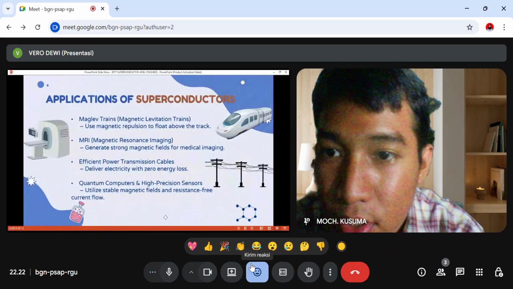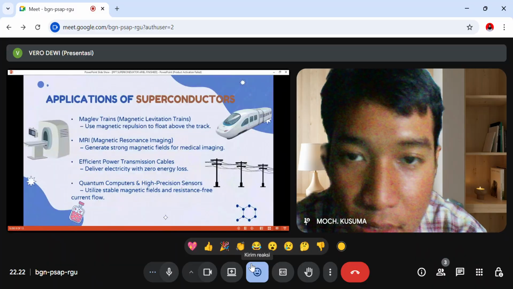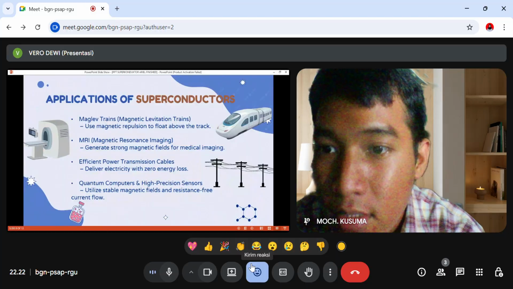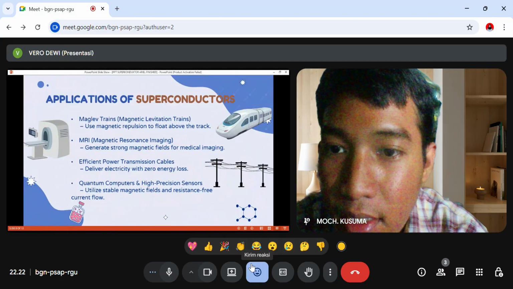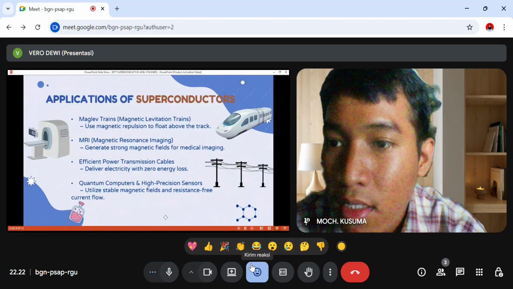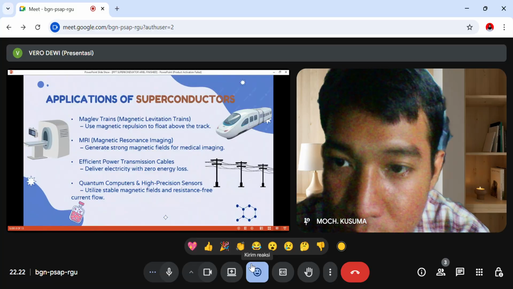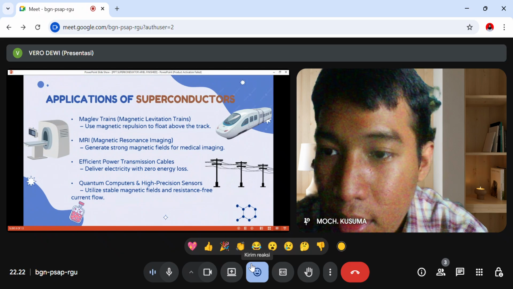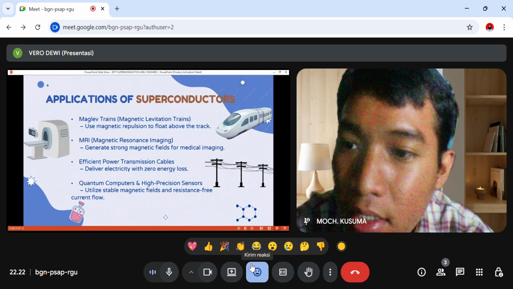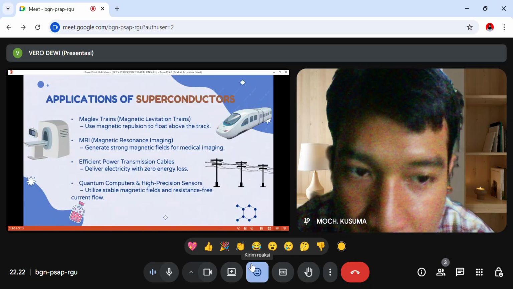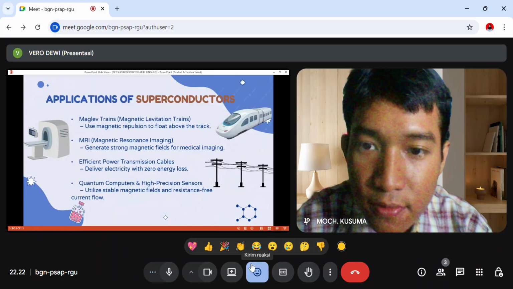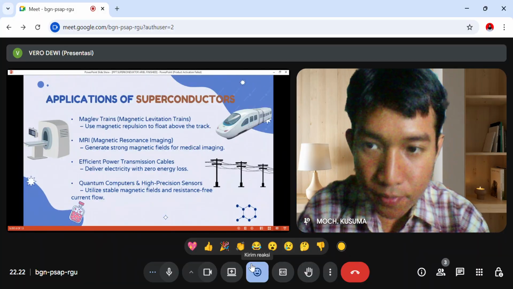Next, applications of superconductors. First, we have maglev trains, or magnetic levitation trains. Use magnetic repulsion to float above the track. Second, we have MRI, or magnetic resonance imaging. Generate strong magnetic fields for medical imaging.